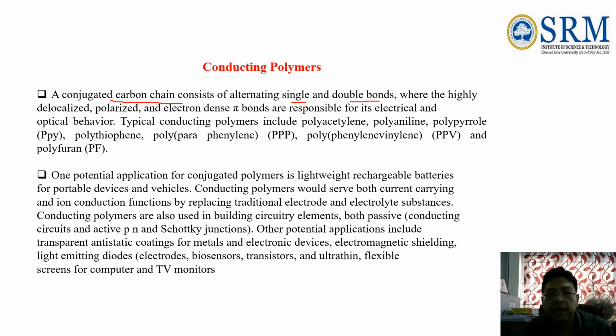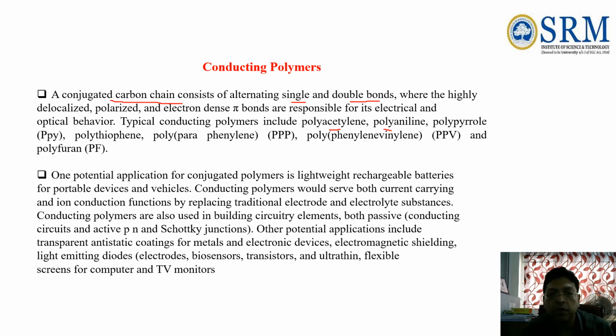So basically it possesses the extended conjugation of available p orbitals containing electrons, and this is responsible for this electrical behavior. Typical conducting polymers include polyacetylene, polyaniline, polypyrrole, polythiophene, polyparaphenylene, polyphenylene vinylene, etc.